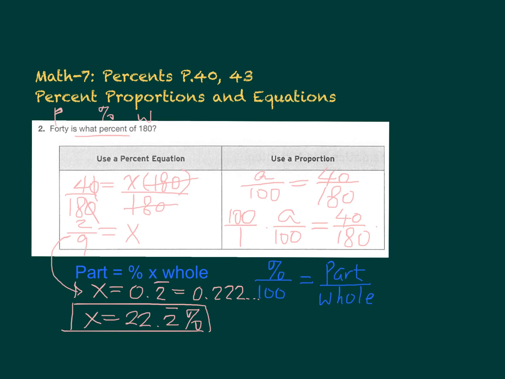Okay, so I'm going to multiply 100 over 1 to the right side as well. So now you have 100 times A over 1 times 100. That means it is 100A over 100. Then I can just cancel the 100. Then what is left on the left side is just going to be A. Okay, I'm going to move this over down here, running out of space.